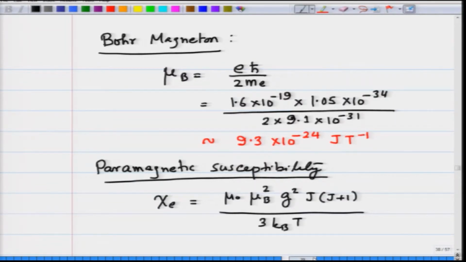This is per atom, and then we multiply this by the Avogadro number to get it per mole.